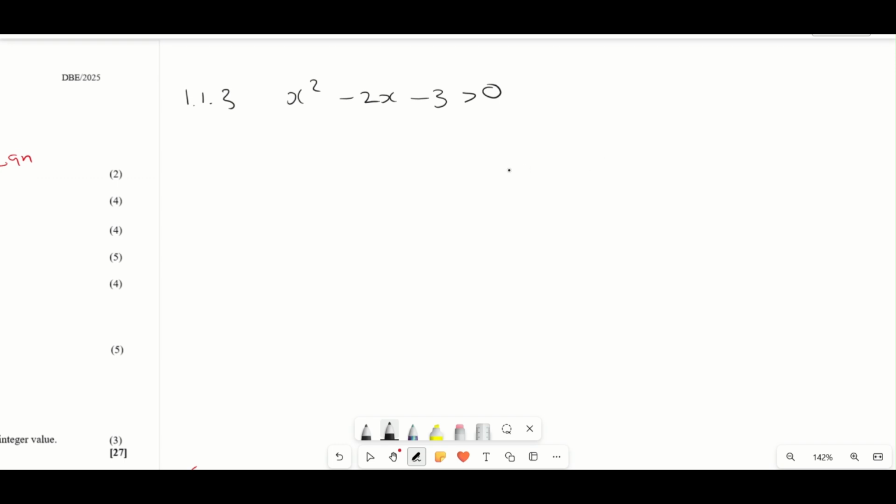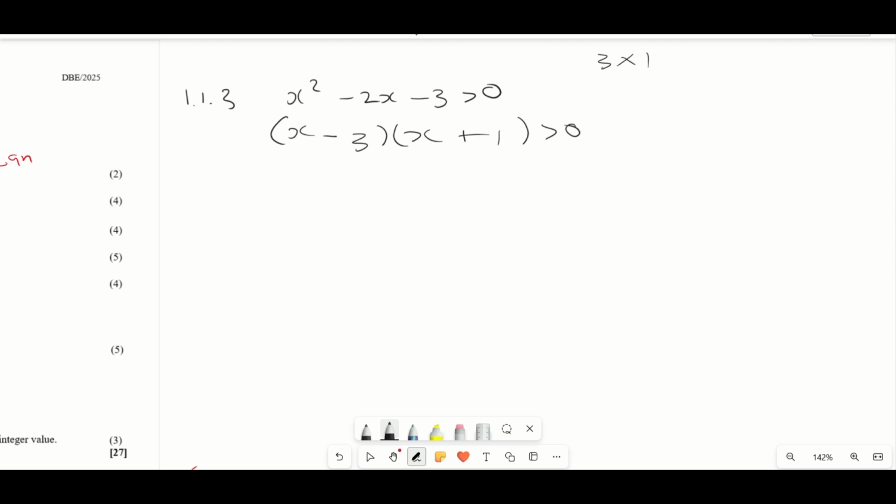Okay, so first of all, what you want is to actually factorize this, right? So I have x and I also have x. Then the factors of 3 are 3 times 1. These are the only factors of 3, so it's 3 times 1. So here I have a negative and a positive.